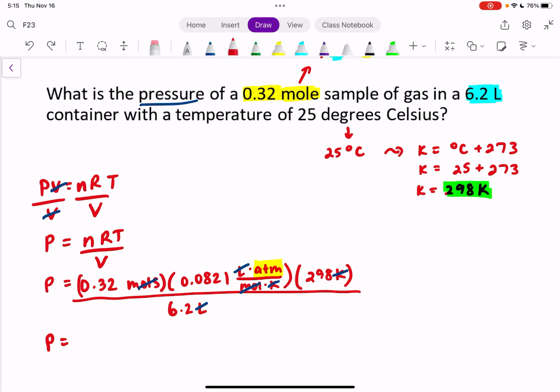Okay, so let's get a number out of this. And that gave me 1.3 ATMs. My calculator spit out 1.26, so I'm going to round that to 1.3 so that we've got just 2 sig figs, and that is my final answer. So the pressure of this sample of gas is 1.3 atmospheres.